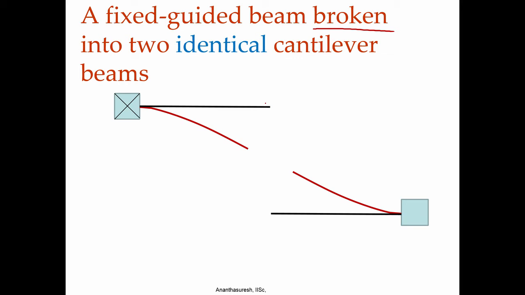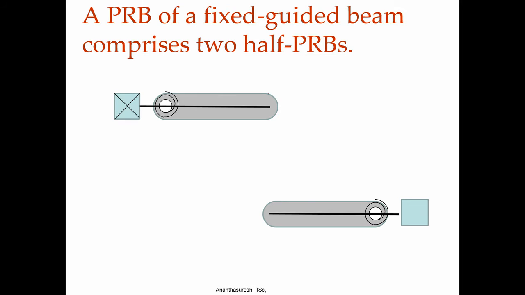When you have this, we can model each one of these cantilever beams as a pseudo rigid body model as we have, because we have broken down a fixed guided beam into two cantilevers, fixed and other one is free, meaning that load can be any which direction, because when a beam bends like this over here, that is like a cantilever because it has a finite slope.